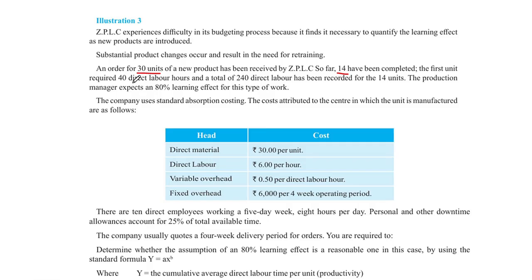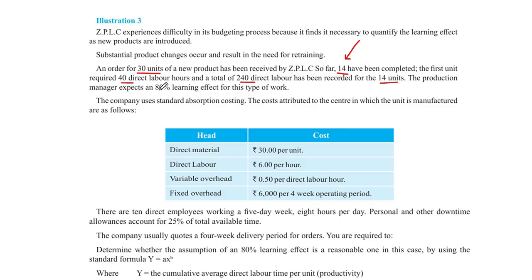The first unit required 40 direct labor hours and a total of 240 direct labor hours has been recorded for the 14 units. Since they have already completed the 14 units, the time taken for the first unit is 40 hours and the total time for 14 units is 240 hours.